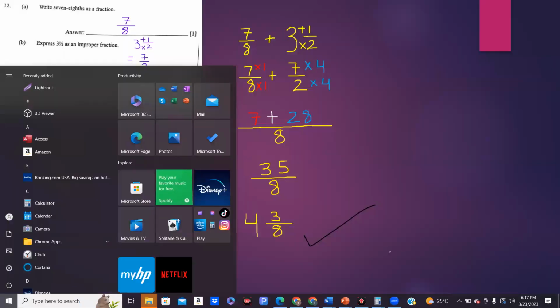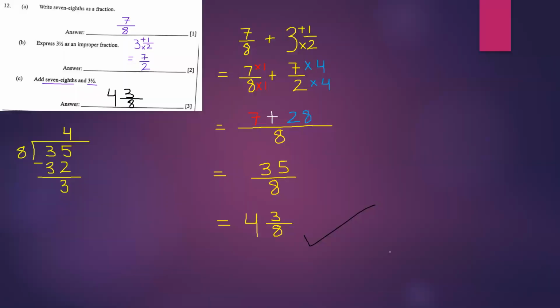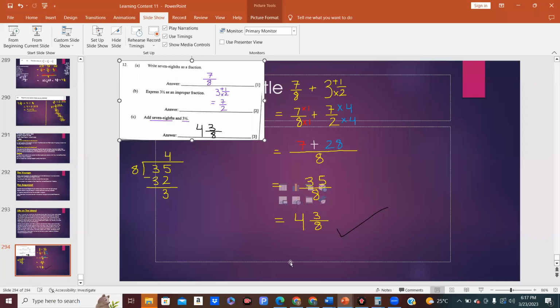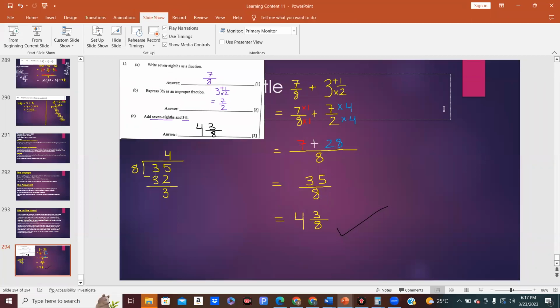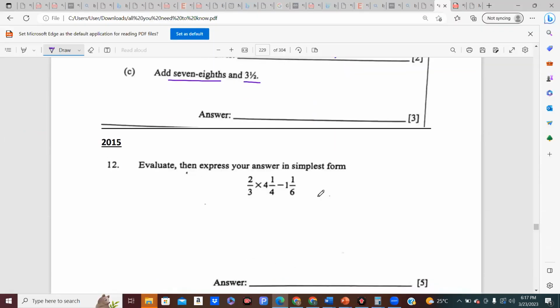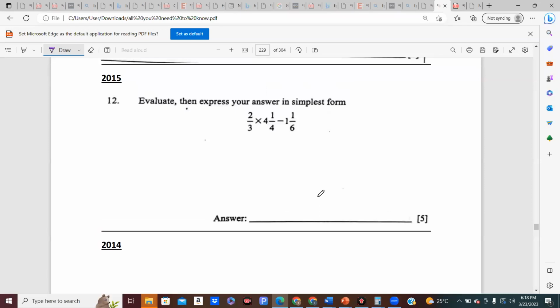All right, moving right along. The next question says, evaluate and express your answer in simplest form.